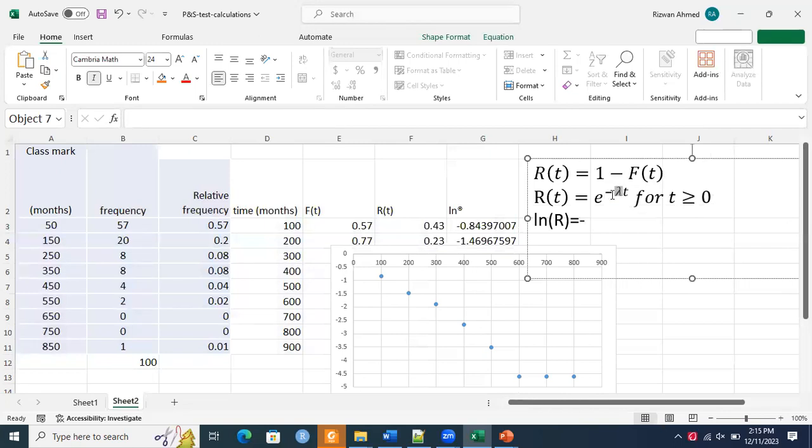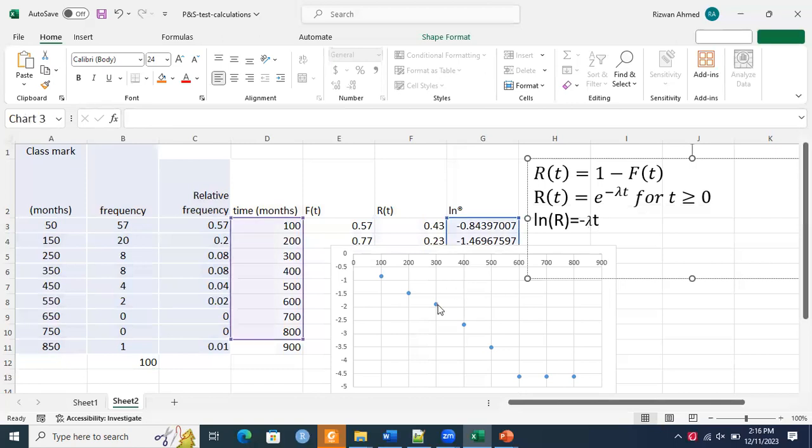It means if we plot log of r versus time, it will be a straight line with the slope equal to lambda, right? With the slope equal to the lambda value, and lambda is the parameter of the exponential distribution. If the fitting is fine, the criterion comes from regression.